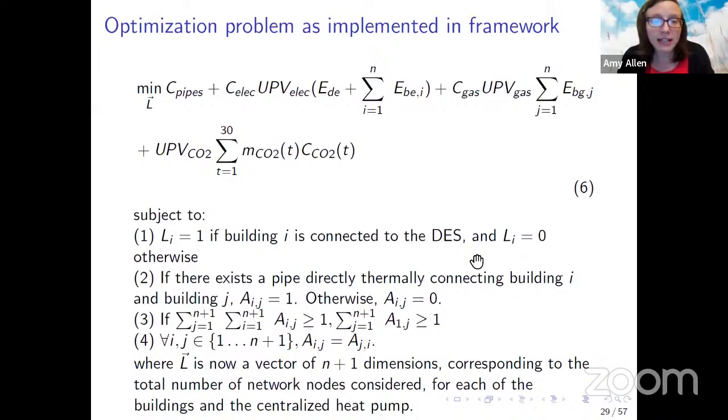So the dimensionality of the problem has now been reduced to n+1, considering n buildings and the central plant. These other slightly different constraint formulations mainly shake out from that. I can elaborate more on that if there's interest, but for the sake of time, I'll go on to a few more results.